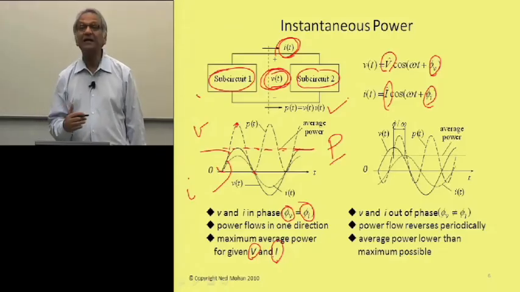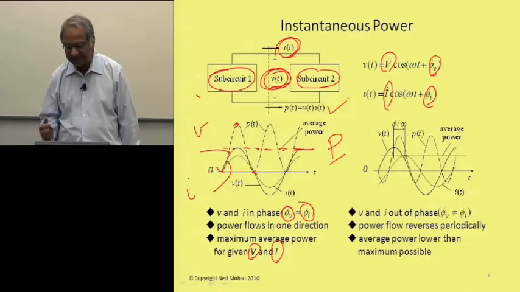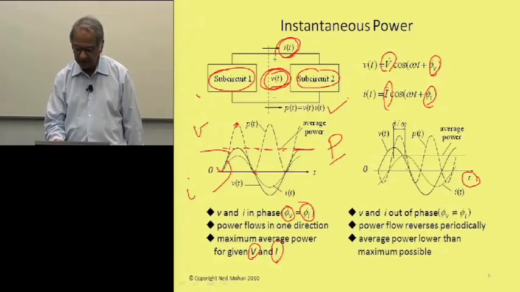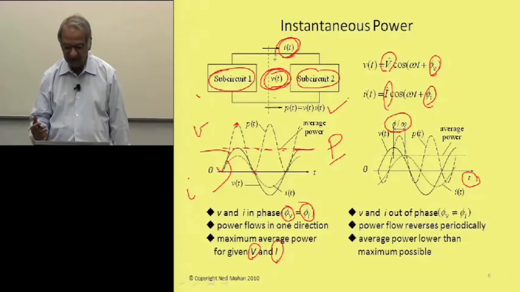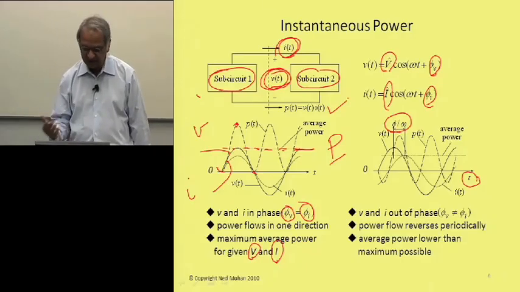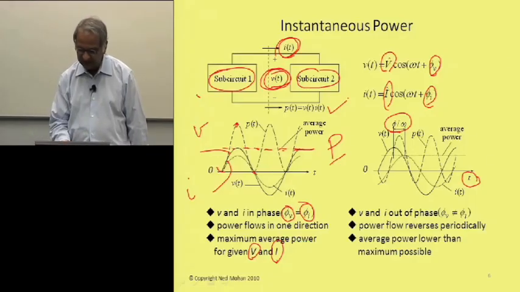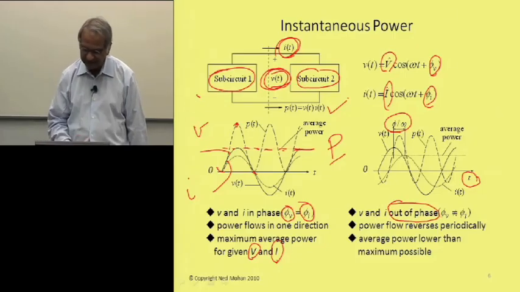Now let's take a case where the current is lagging behind the voltage by an angle phi. Here I'm plotting with respect to time. In this picture, the current is lagging behind the voltage by this time, phi divided by omega, where omega is the frequency in radians per second. So in this case voltage and current are not in phase, which is why we call them out of phase, where these two angles are not 0.